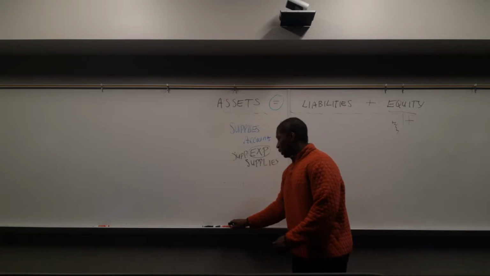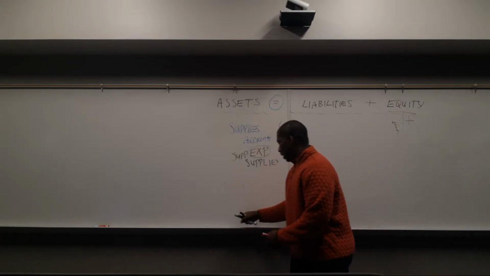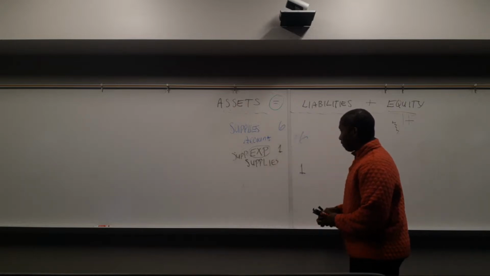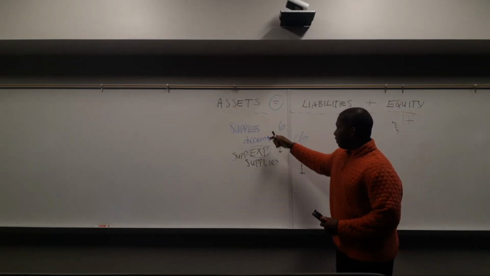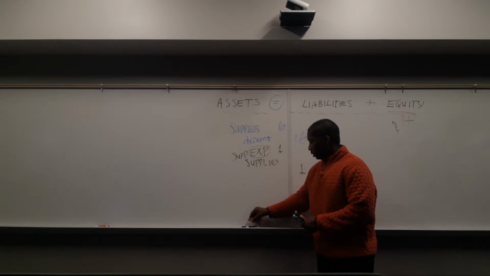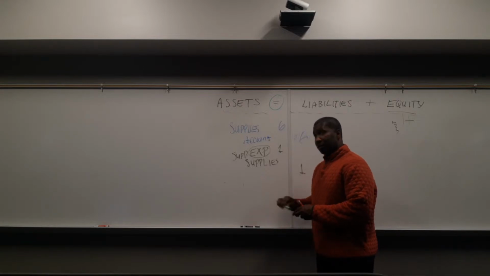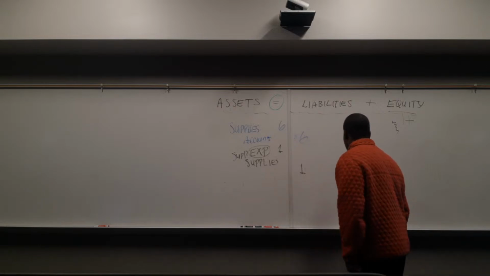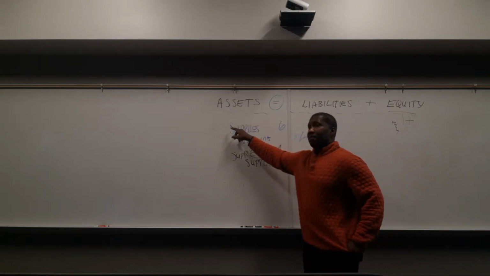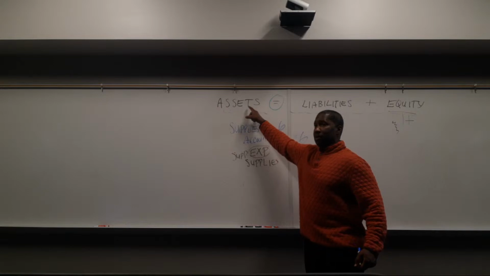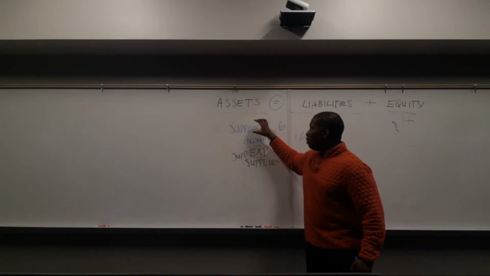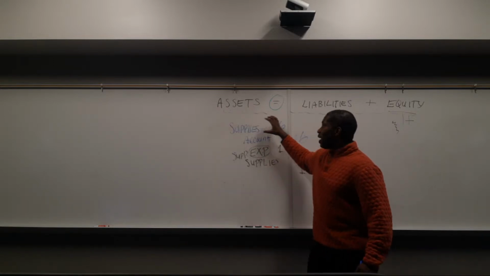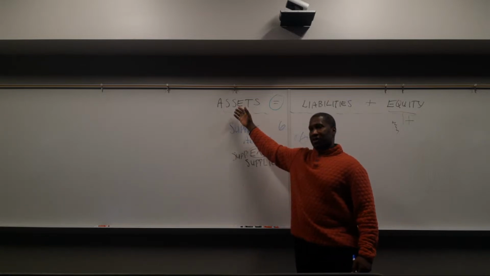Let's put it like this. When I got those supplies, this means I put 6 markers over here in my storage, right? I put 6 in my storage. To show that I put things in storage, I had to debit that because I increased my what? My assets. So what this means is that I have an increase in my assets called supplies.